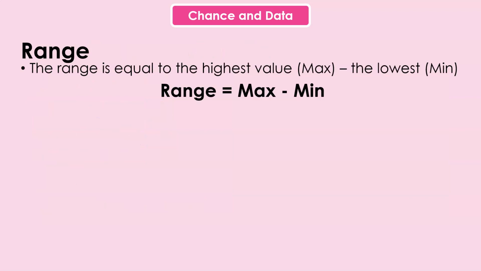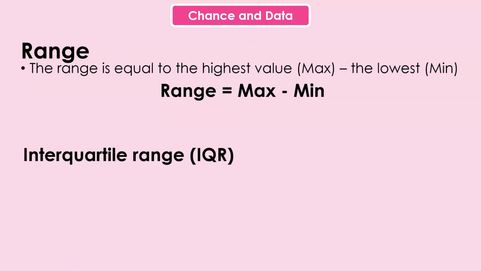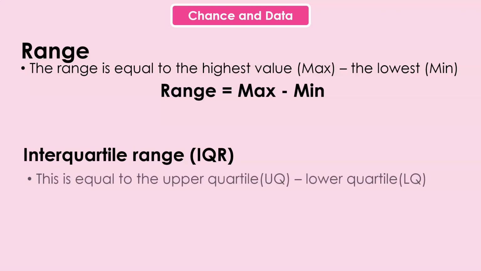And again, it might be something that you're already familiar with, and that's the interquartile range. Put relatively simply, the interquartile range is equal to the upper quartile take away the lower quartile. The upper quartile represents the upper 75% of the values and the lower quartile represents the lower 25% of the values.